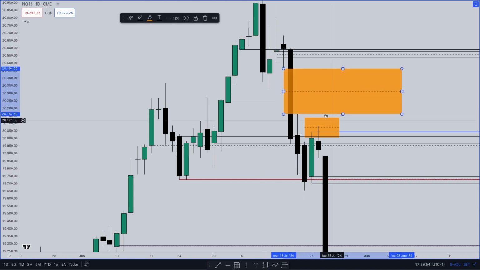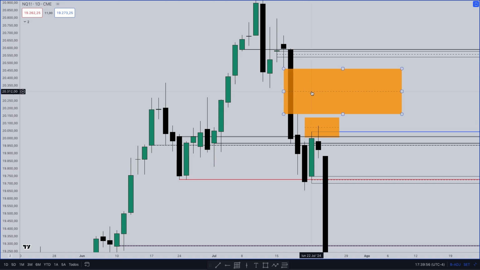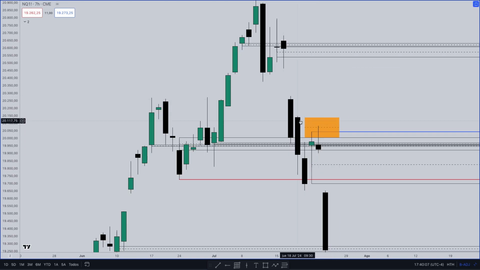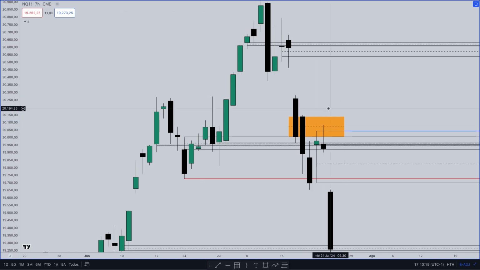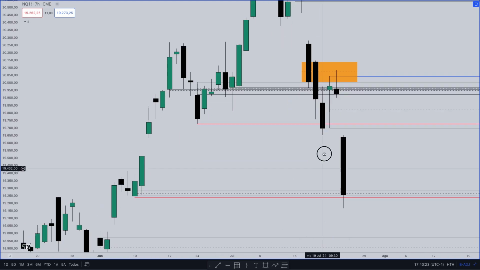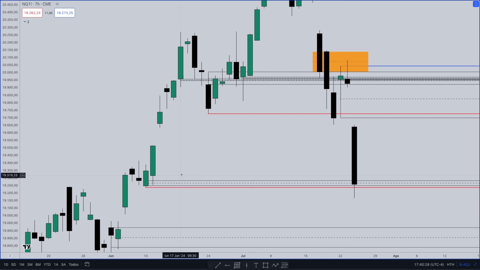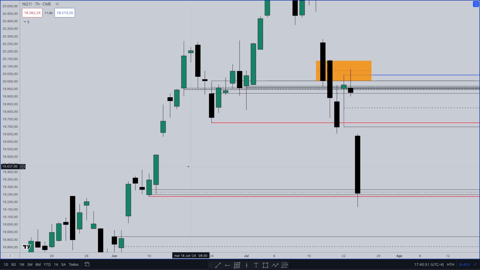Obviously, we had an SMT with ES here, but there was no reason to come back above this gap to this inefficiency right here, because on your regular trading hours daily chart, the 7-hour chart, we saw that this price was already balanced right here, and we come back to the 50% of this price action, activating these buy stops and moving aggressively to these specific levels. That is where the real liquidity is resting.